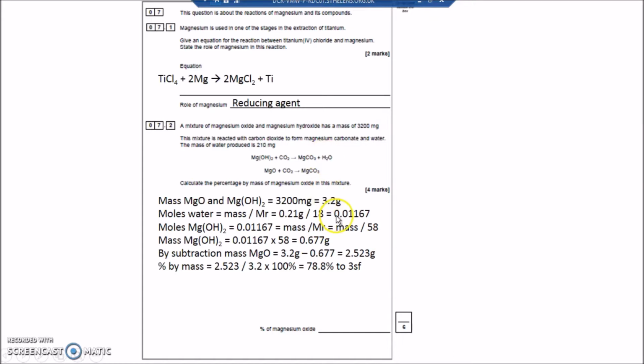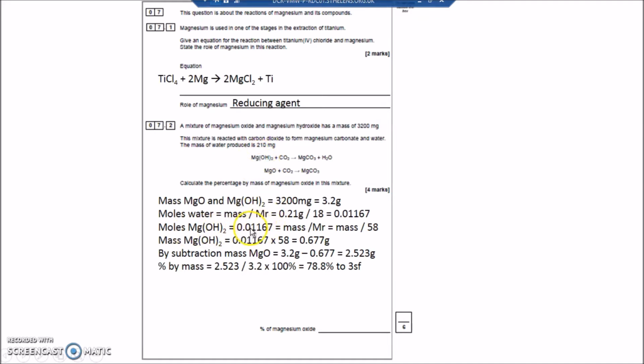0.01167 moles of water. And my water is produced here. So if I've got 0.01167 moles of water here, I've got equal numbers, 1, 1, 1 and 1. When you balance it, I've got an equal number of moles of Mg(OH)2 reacting to make this amount of water. So if I've made 0.01167 moles of water, I've used the same number of moles of Mg(OH)2.